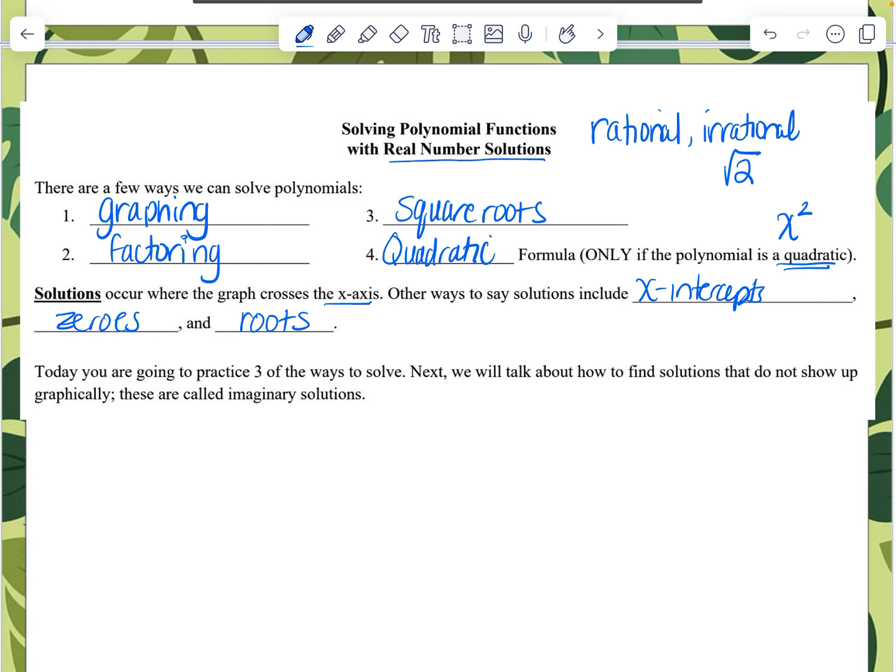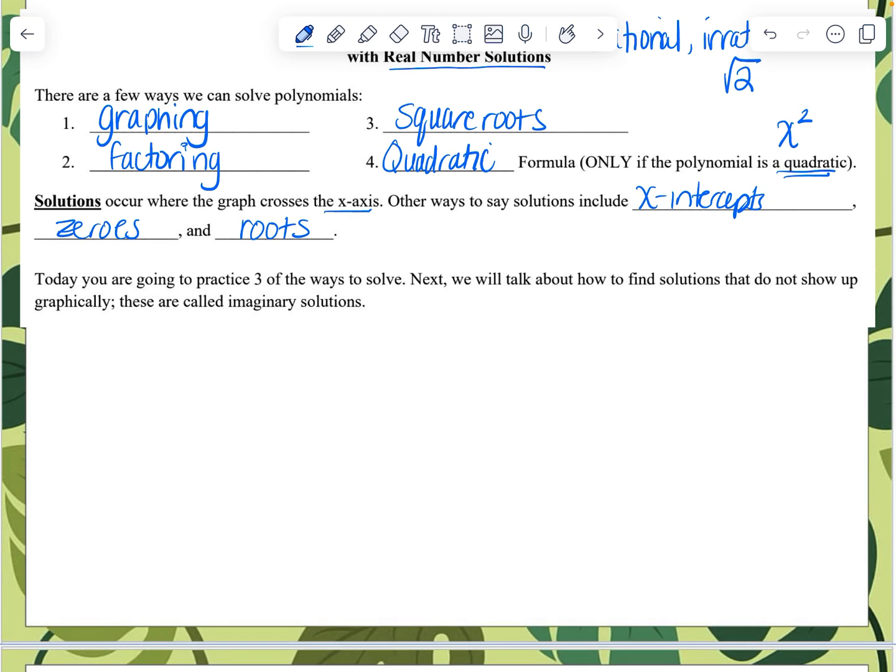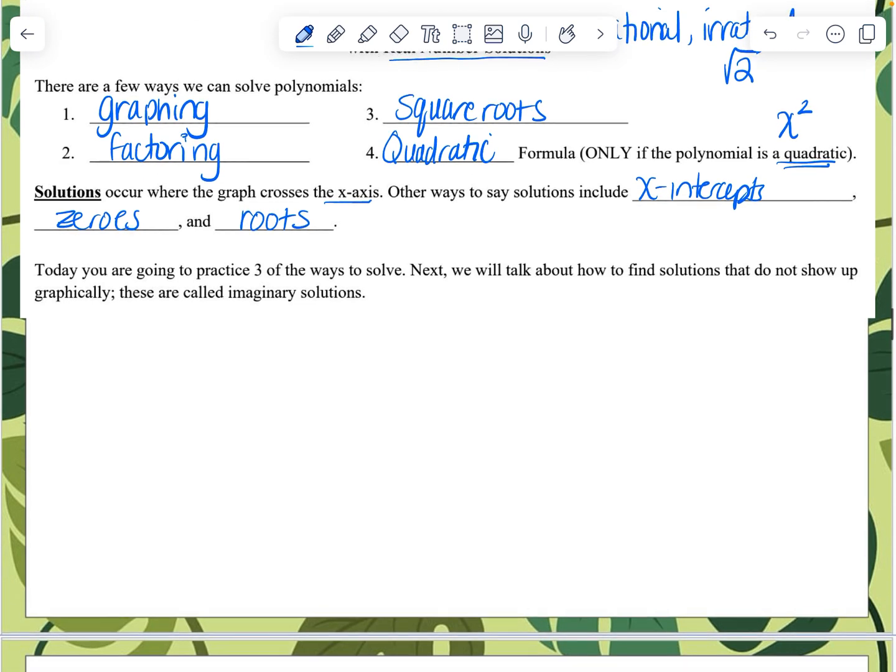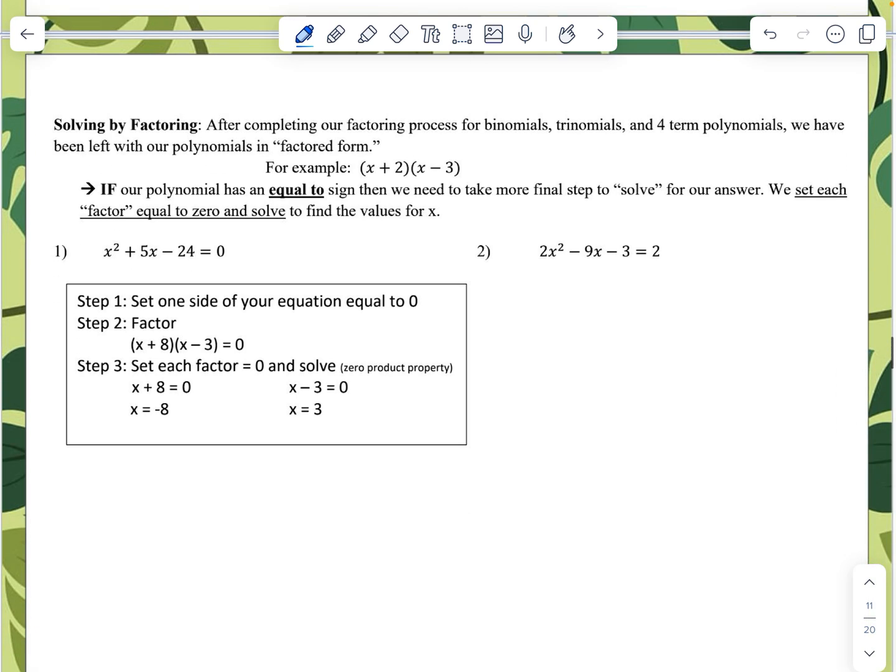X-intercept, zeros, all of those things are just solving or finding solutions. What you're going to find later in the unit is that you can tell how many solutions the polynomial has, which will be really helpful. So we're going to practice these 3 ways. We are not solving with imaginary solutions today. So the first method that we're going to use that we're already familiar with is solving by factoring.